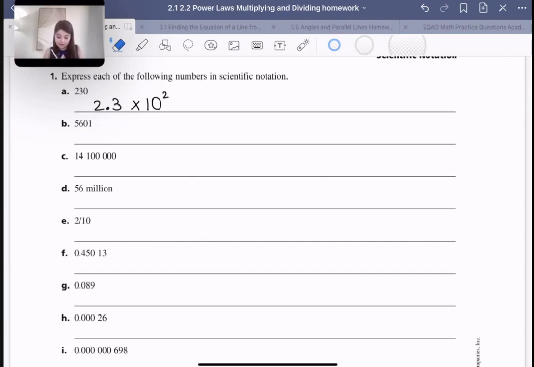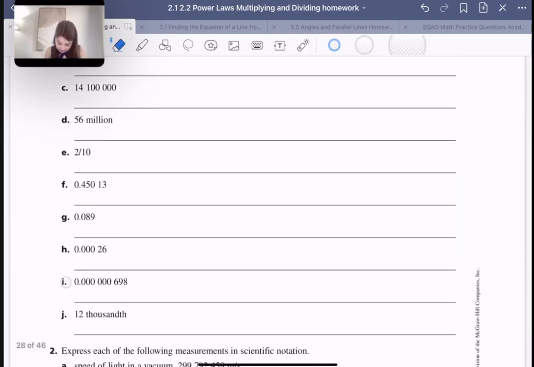Now, I will say for numbers like 230, other than in an example like this, I wouldn't expect you to use scientific notation, because 230, even though it's kind of a big number, is a small enough number that it's not really that hard to write 230. Probably writing 2.3 times 10 to the power of 2 causes an extra step for people that isn't necessary, right? And same with 5,601 and a lot of these numbers actually, but things like 56 million and 14.1 million and this number here for I and that sort of thing.